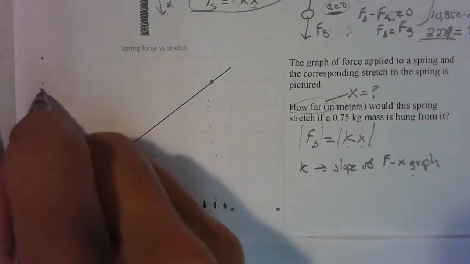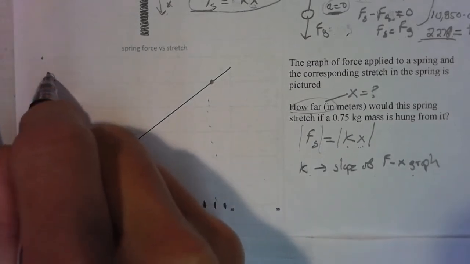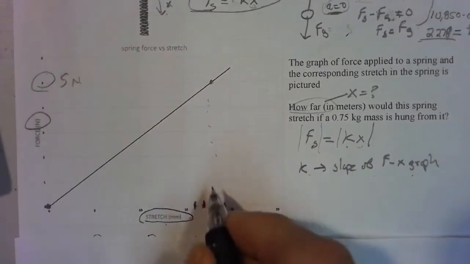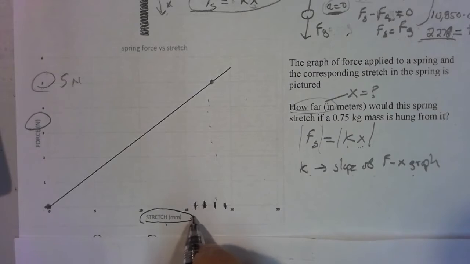I've got here 5 newtons. That's a 5. And then down here, it's got 15, 16, 17, 18 millimeters.